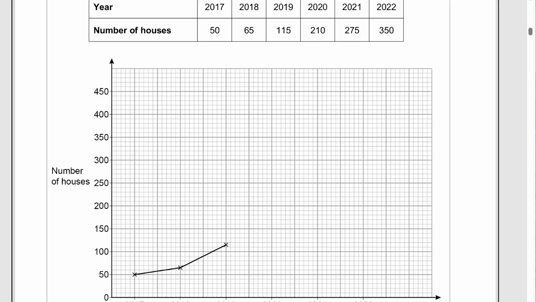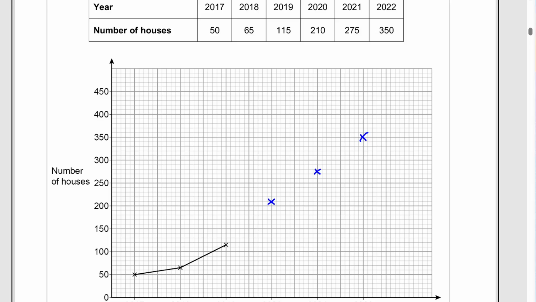Right, so 2020 is 210. So 210 is going to be one small square above the 200 mark. 2021 is 275, so halfway between these two. So we go in there. 2022 is 350. So 350 is hitting slap bang there.